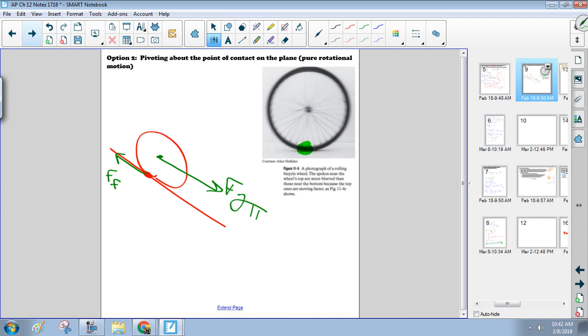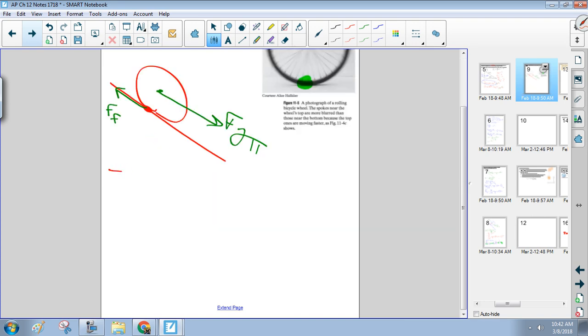And that ought to equal I alpha. So all we got to do is find I. Is it still beta mr squared? No. Good. Why? Parallel axis theorem. Because beta mr squared is around the center; around this point, you got to use the parallel axis theorem.